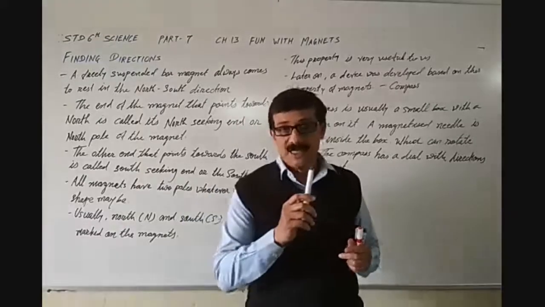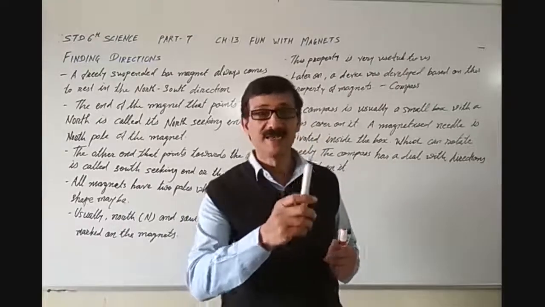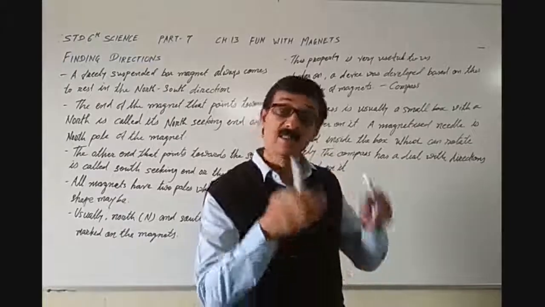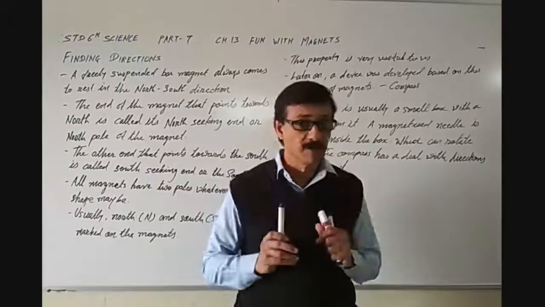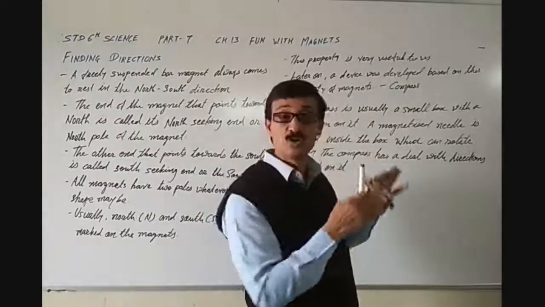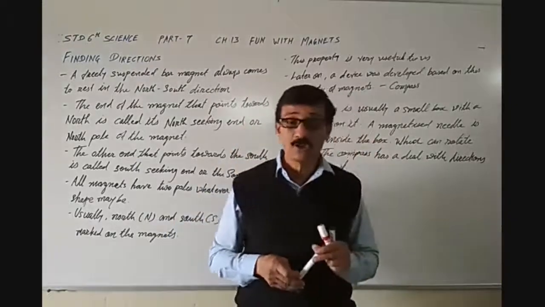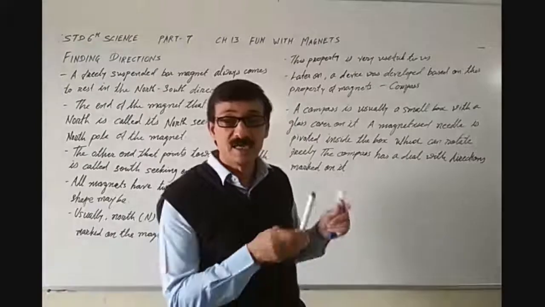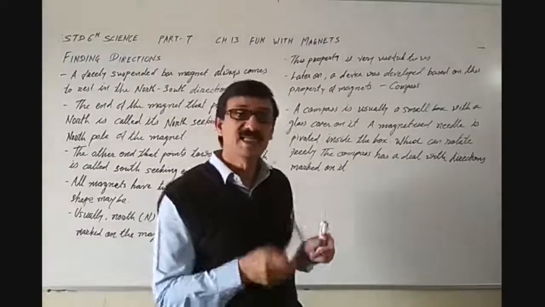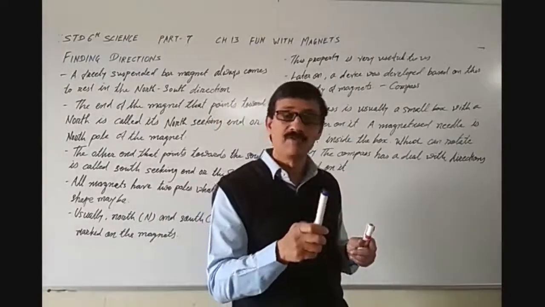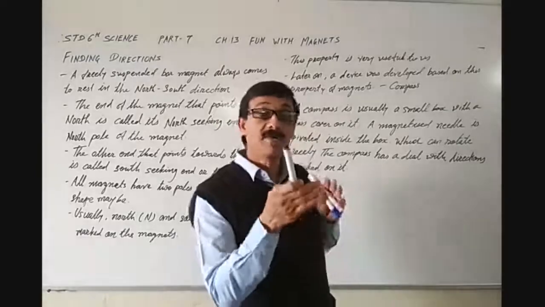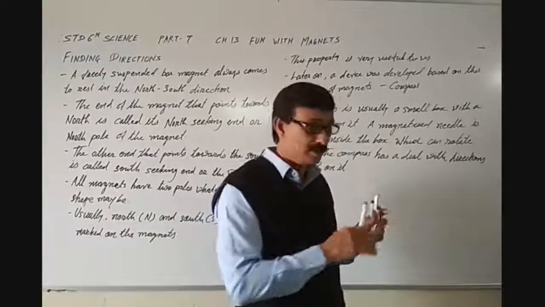The resting of the magnet in the north and south direction is very useful. For many years, travelers used this property so that they would know where they are or in which direction they are going.